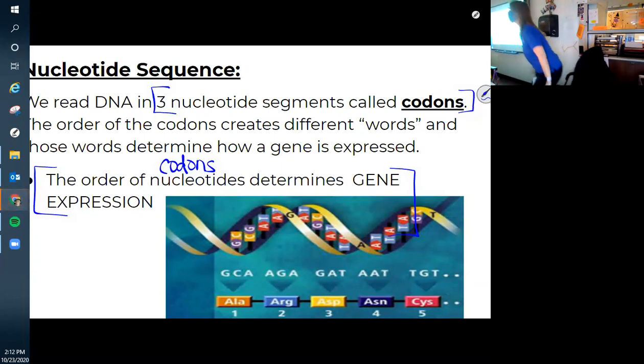Now, what gene expression means is that the gene can be seen in some capacity. For example, the hair you have on your head, I can see that it is a certain color and that it's curly, wavy, or straight. That is a gene that is being expressed and I can see it with my eyes.